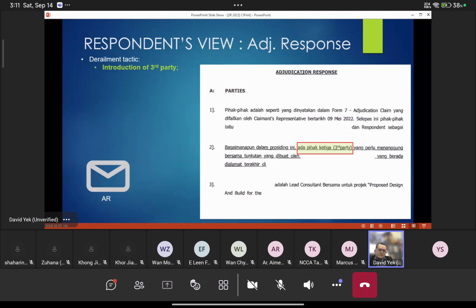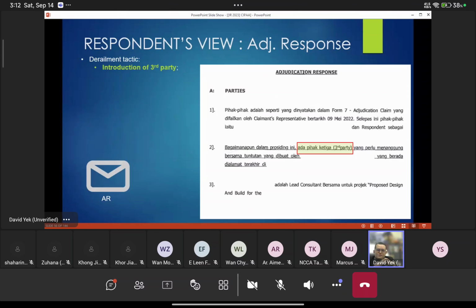So you claim this, and then this response will answer this claim. In that claim, it says that there are three contracts between two parties, the engineer and the architect, for example. But over here, in the response from the engineer, not only the two parties, actually there's a third party, the one that actually owns that building.